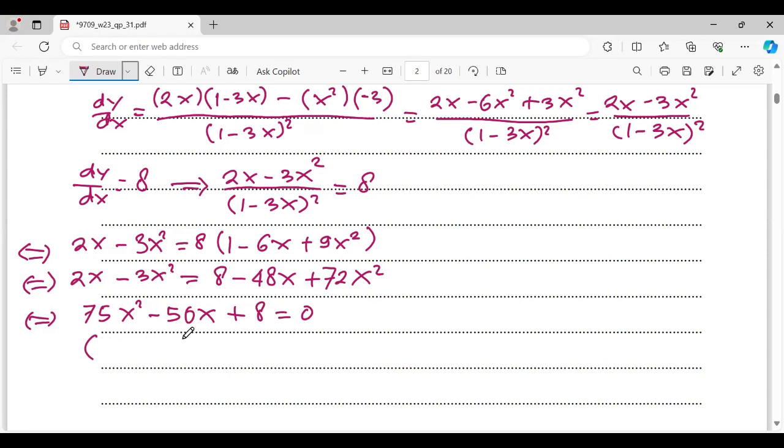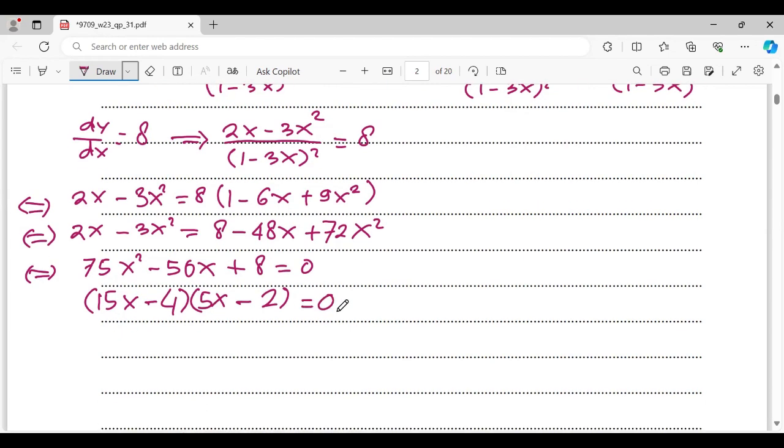Factorize: 15 times 5, and 8 is 4 and 2. So 2 here, 4 here, equals 0.